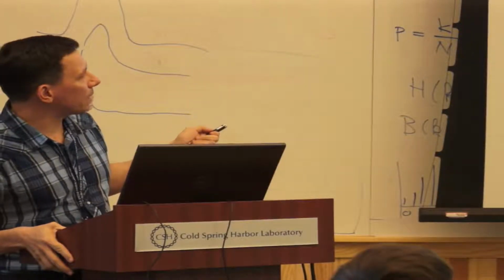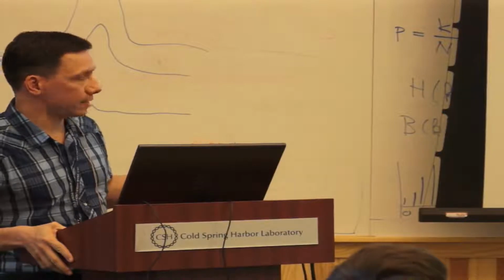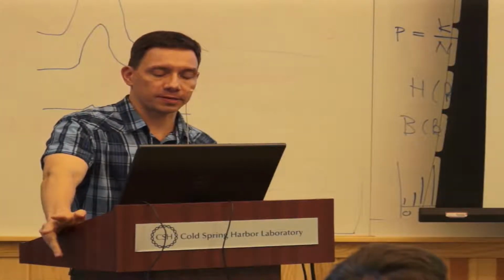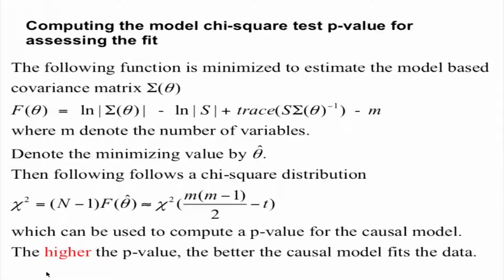There are certain chi-square tests that assess how well a model fits your data, and these chi-square tests allow you to calculate a p-value. But different from everything you've ever learned about p-values, you want to find a high p-value here, okay? That's the crazy thing, right?